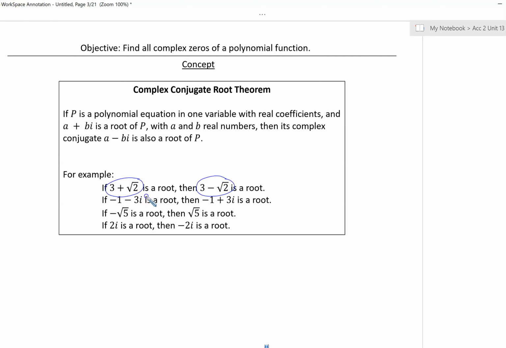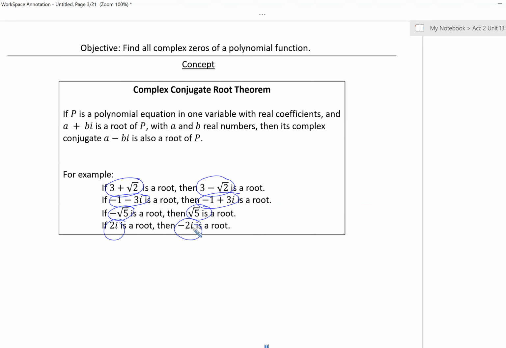If we have a negative 1 minus 3i, we also have a negative 1 plus 3i. If we have a negative square root of 5, we also have a positive square root of 5. If we have a positive 2i, we also have a negative 2i. So irrational and imaginary roots or zeros always come in conjugate pairs.